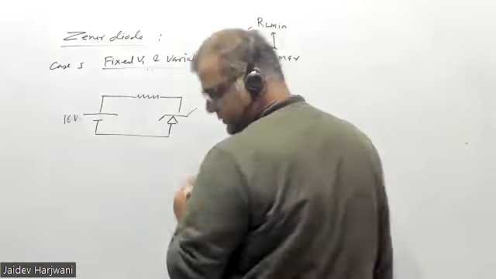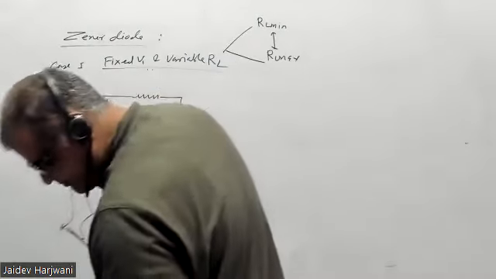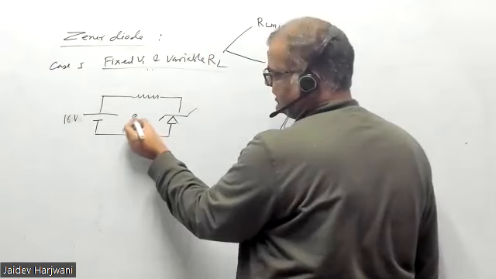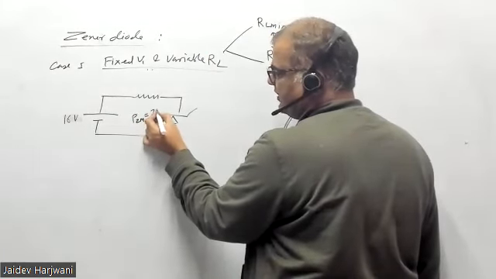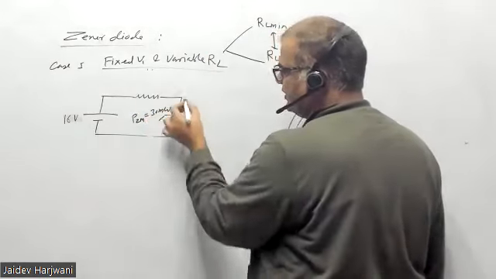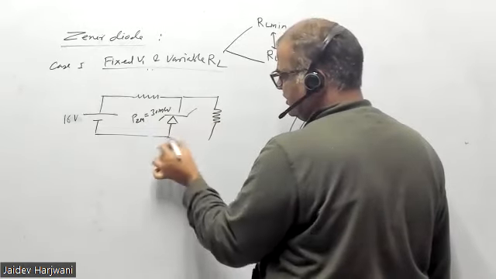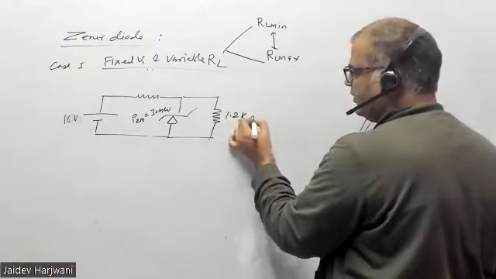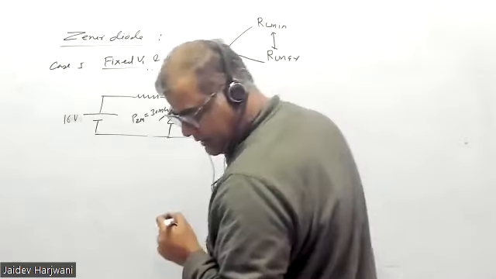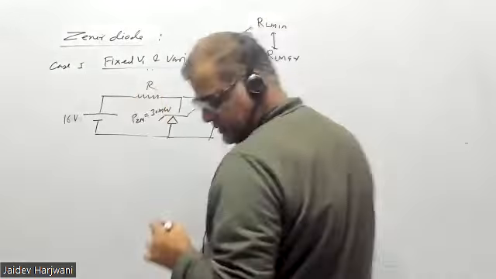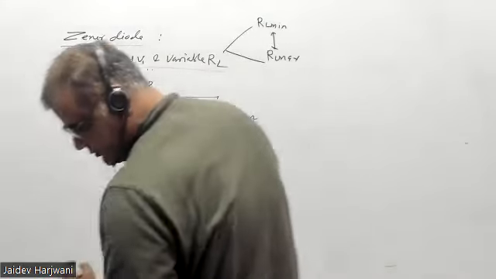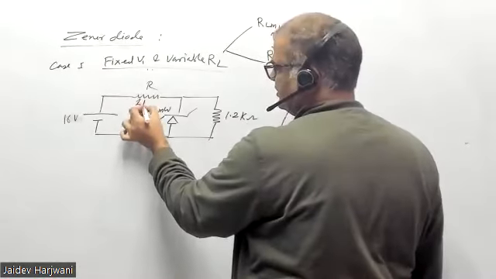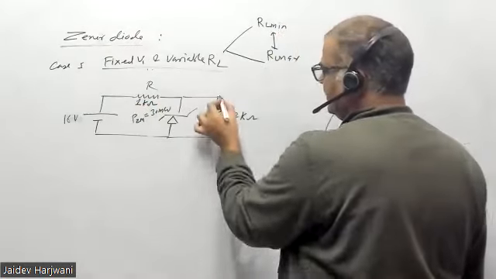And for that PZ max is given as 30 milliwatt, and here you have a resistance, say 1.2 kilo ohm. And the R value is given as 1 kilo ohm. The Zener voltage is 10 volt.